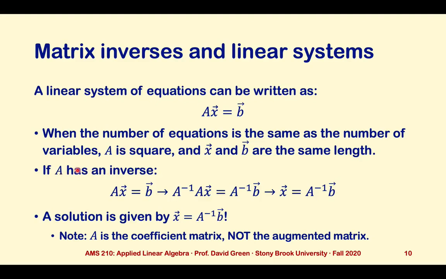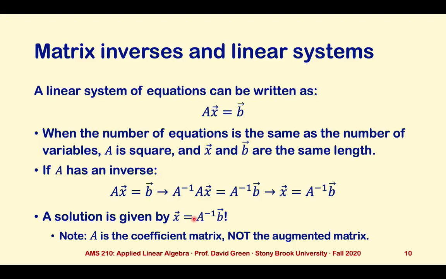If A is square and has an inverse, then we can start with AX equals B, and we can multiply both sides of this by A inverse. A inverse times A gives us the identity matrix, so I times X, which is just X. And on the right-hand side, we're left with A inverse times B. X equals A inverse times B. We have an answer for X in terms of the inverse and the right-hand side.